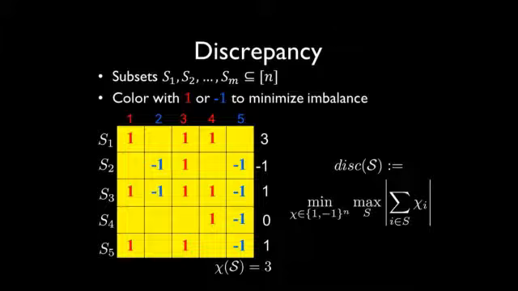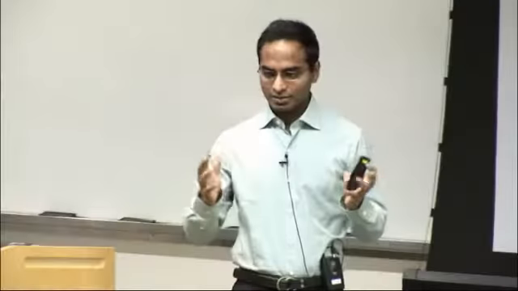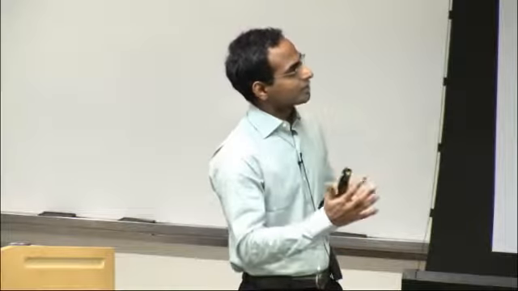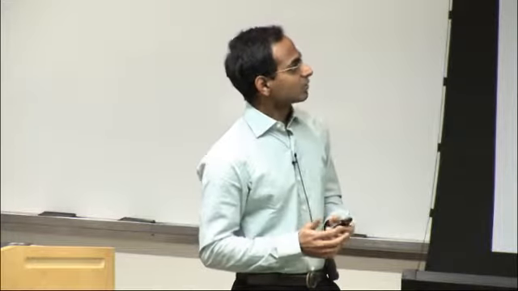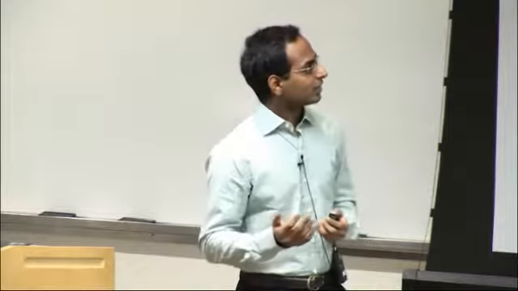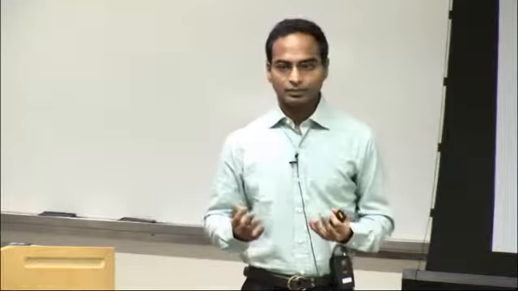So in the basic setting here in discrepancy minimization, you have a set system, which is a collection of m sets over some universe of size n. For example, here, let's say the universe is of size 5, and S1 is the set 1, 3, 4, S2 is 2, 3, 5, S3 is everything, and so on. Okay.